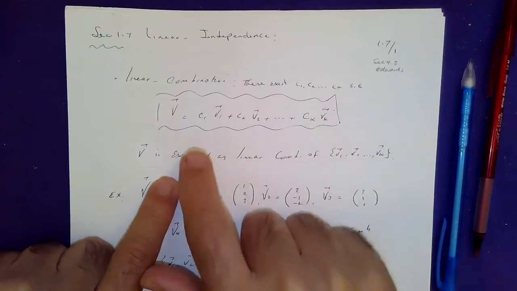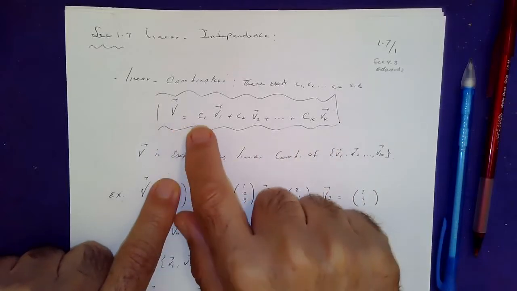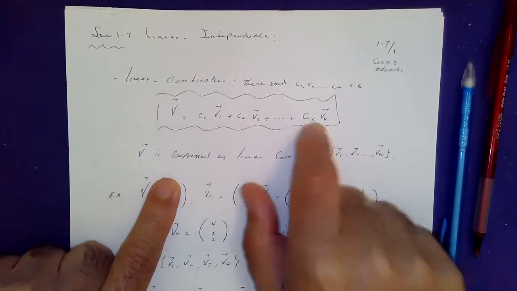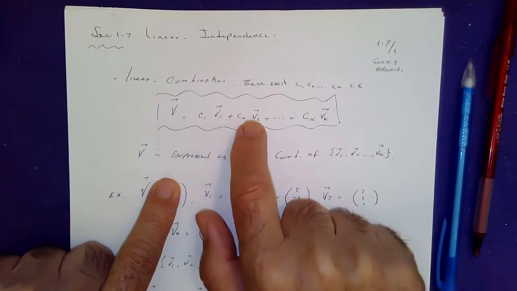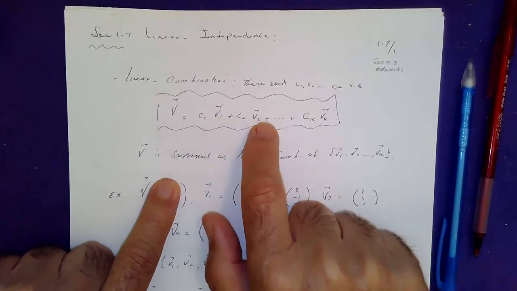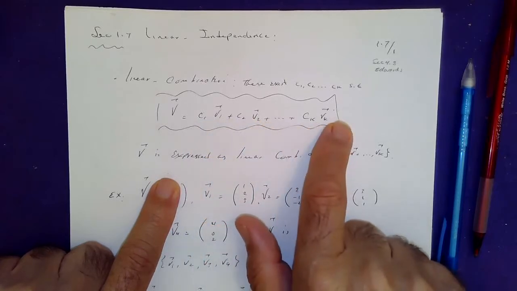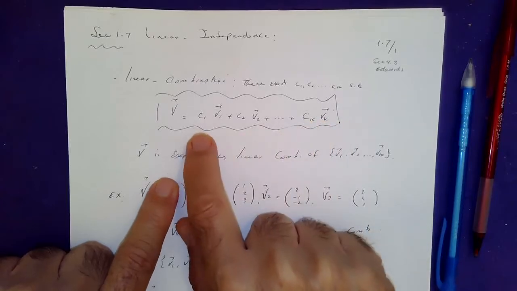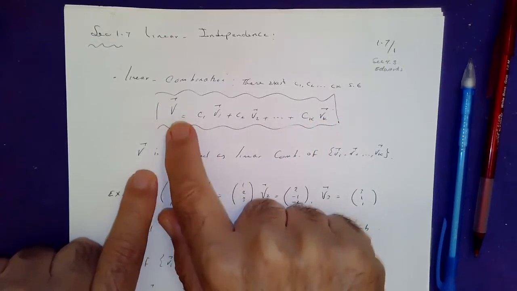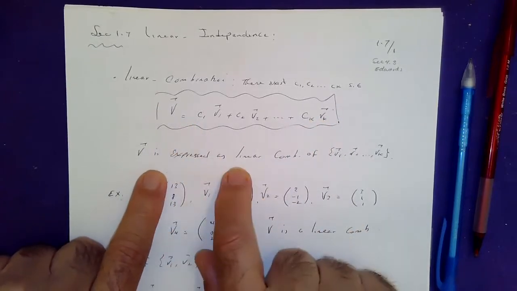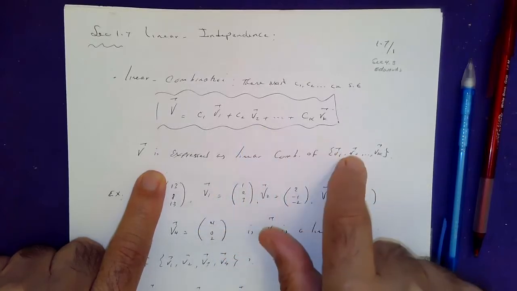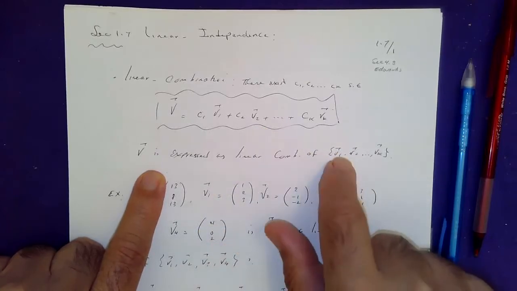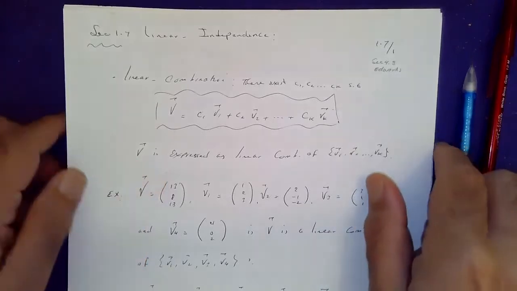In other words, we manage to get a hold of constants such that when we multiply the first constant by the first vector, the second constant by the second, and so on, and add up the results, then we can say the vector v has been expressed as a linear combination of the vectors v1 through vk.